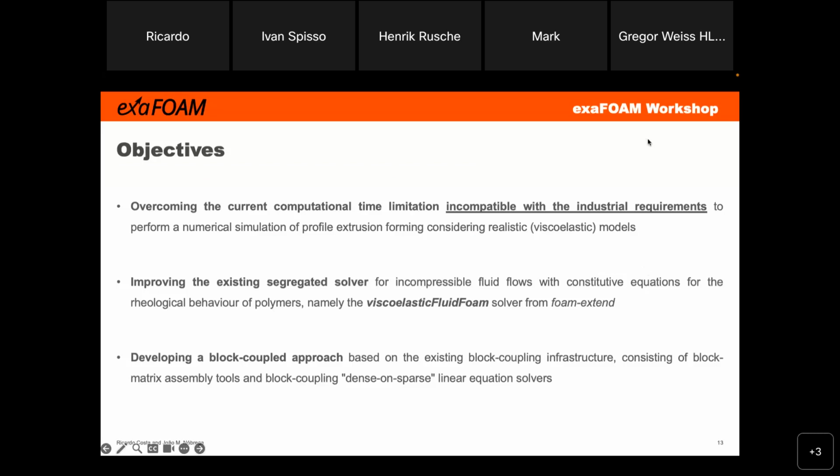And more specifically, on one side, we aim to improve the existing segregated approaches in OpenFOAM, and I'm talking about the viscoelasticFluidFoam solver available in foam-extend. On the other side, we also want to develop, test, and analyze these block-coupled approaches, because OpenFOAM already has a base block coupling infrastructure that we can use.